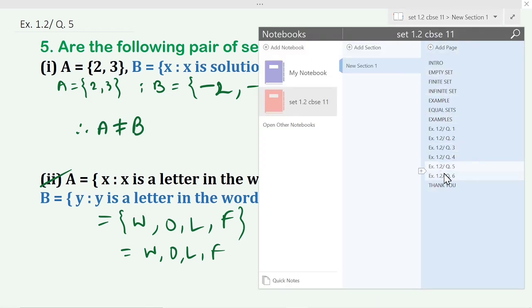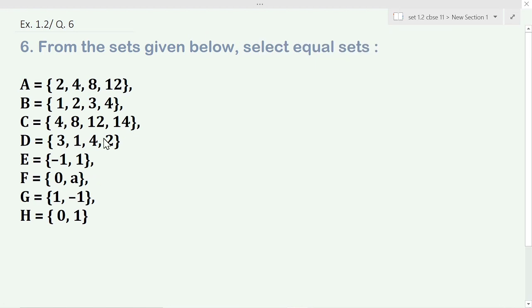Now question number 6, from the sets given below select equal sets. So you have to select the equal sets. Now A contains 2, 4, 8 and 12.